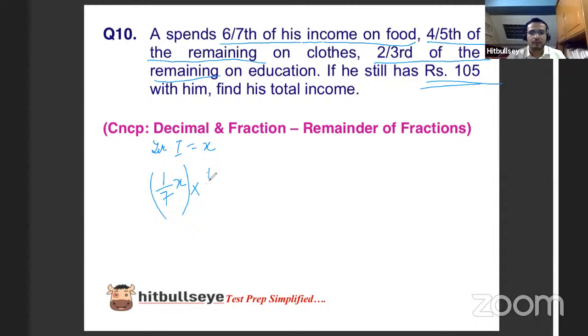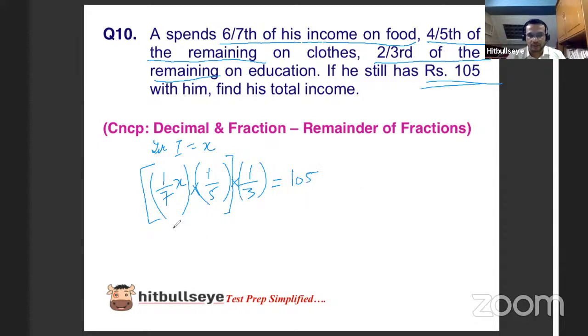What is left? 1/5 is left again after spending 4/5, into 2/3 of the remaining on education. Now this is the remaining. 2/3 is what he's spending. Now what am I left with? 1/3 of this. I'll put a double bracket for your better understanding. Now this is equal to what? This is equal to 105, isn't it?